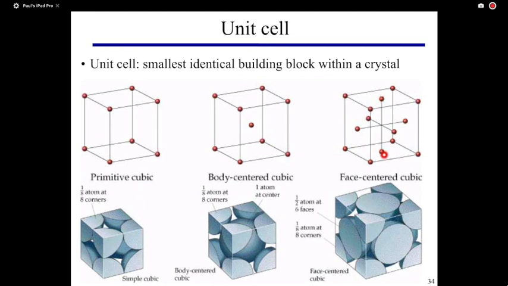So the top and the bottom, a half and a half. The front and the back, a half and a half. The side and the side, a half and a half. And so you have 3 inside the box from the faces, plus each one on the corners, an 1/8 times 8 of them. So you get a total of 4 atoms, or 4 molecules, inside the box in a face-centered cubic. That's as tightly as you can compact atoms inside a unit cell.